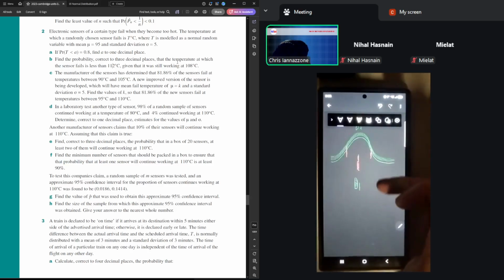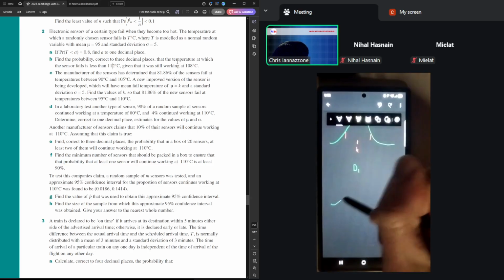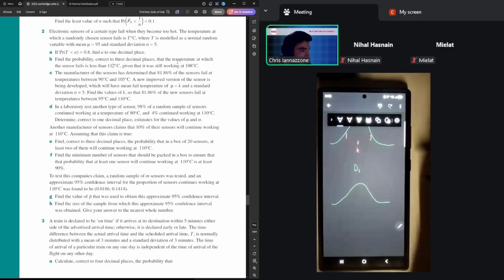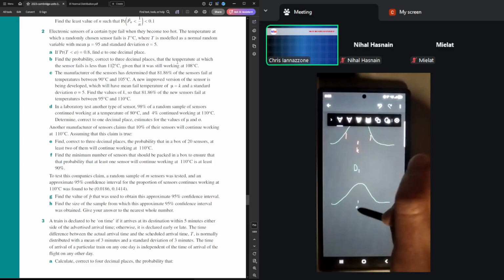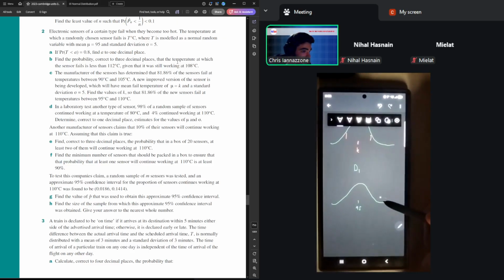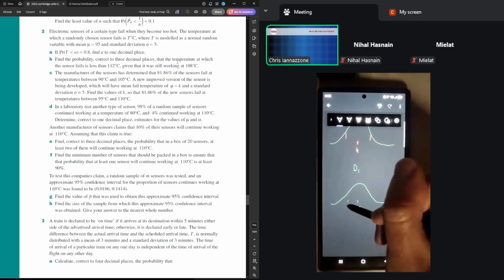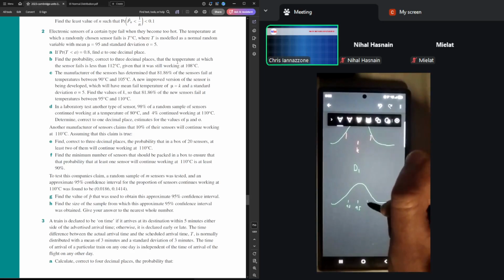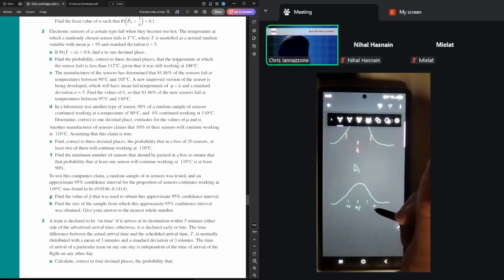We'll do distribution 1 instead. That one's a bit easier to work with because we know the mean is 95 and we know it's still 81.86 between 90 and 105. That is absolutely equidistant. Wait, never mind, it's not. It's actually weighted over.